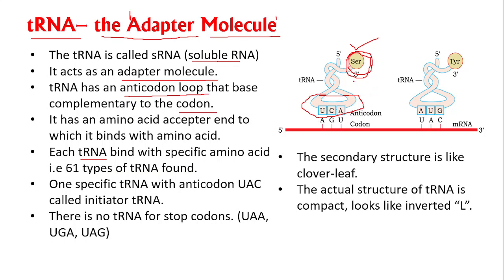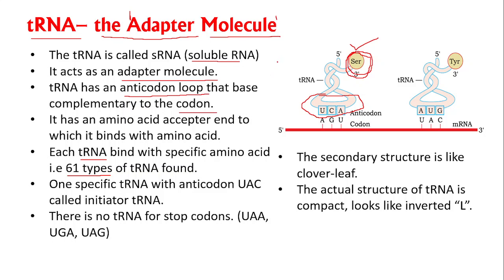By means of this nature, 61 different types of tRNAs are found. Because 61 what?